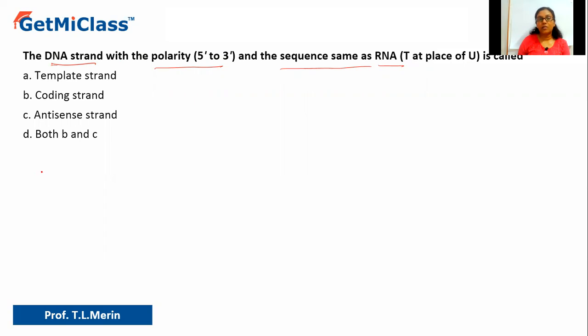If we have to talk about the polarity and why the DNA strand sequence is same as RNA, we have to talk about the process called transcription, because that is the process of RNA synthesis. And how is RNA getting synthesized?